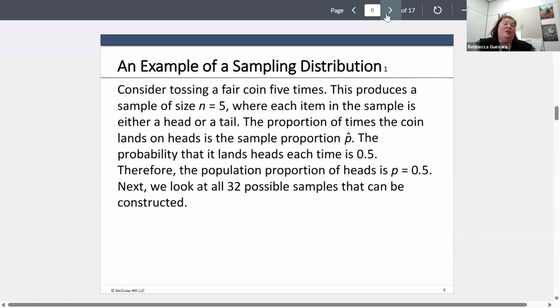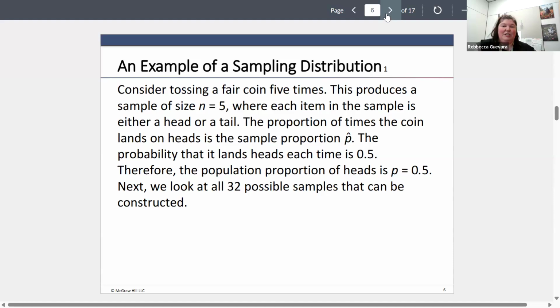So consider tossing a fair coin 5 times. This produces a sample size of 5, where each item in the sample is either a head or a tail. The proportion of times the coin lands on heads is the sample proportion p hat. The probability that it lands heads each time is about 0.5, or 50%.